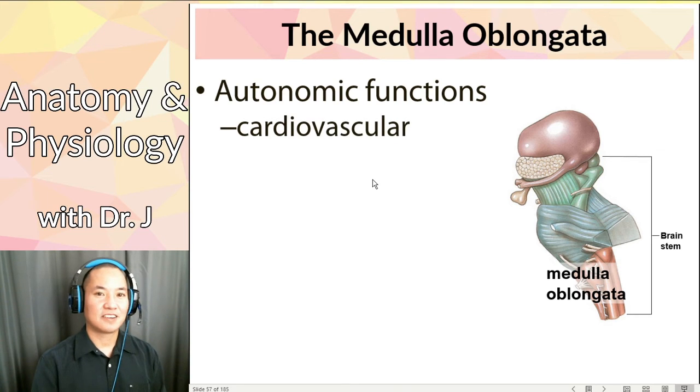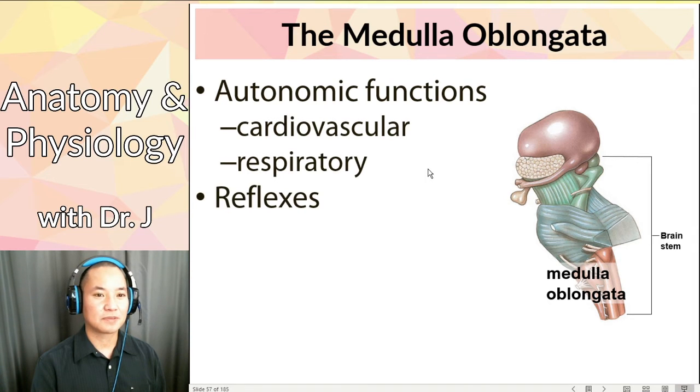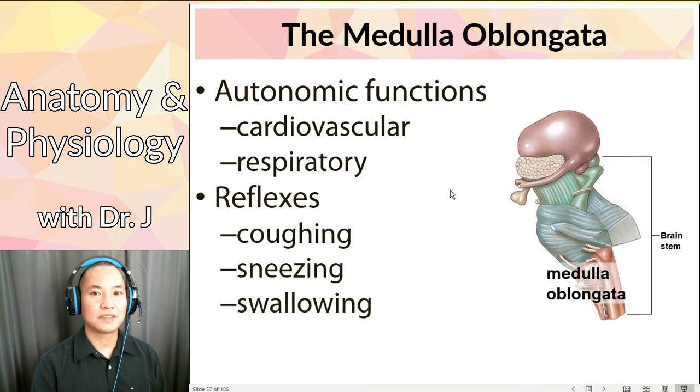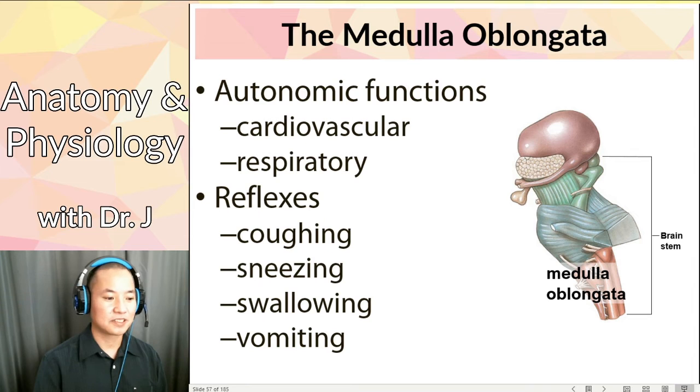So things like cardiovascular, again, your heart and all the circulation of blood throughout your body, respiratory, your breathing, and also reflexes as well. So things like your cough reflex, your sneezing, swallowing, all of these things involving the GI tract and also your respiratory tract.